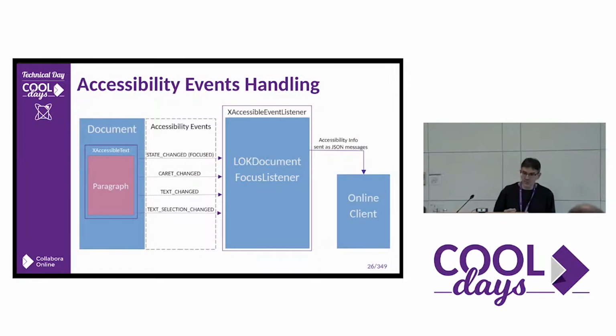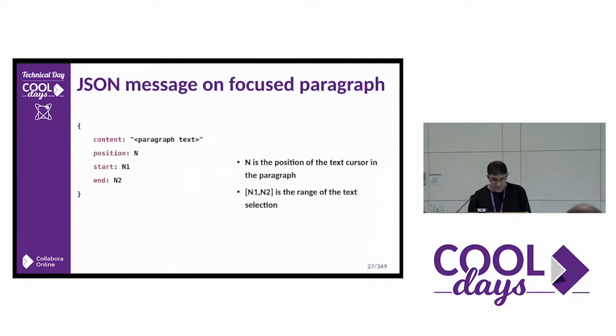Lock Document Focus Listener is able to handle all these kinds of events and to extract accessibility information and to send it to the online client as a JSON message.